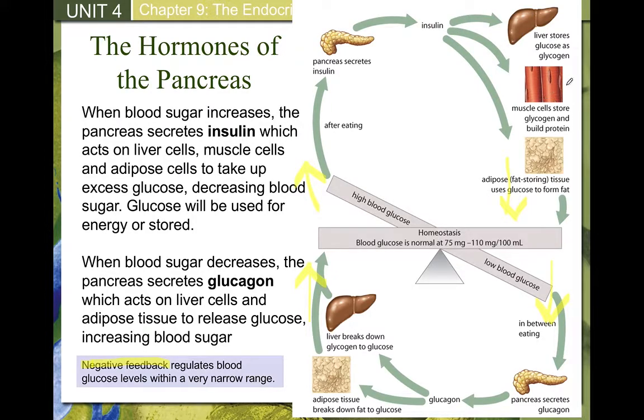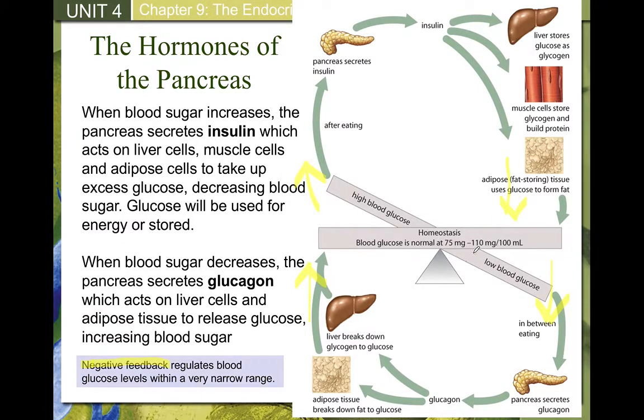Muscle cells take that glucose in, also store it as glycogen, and also build a little bit of protein. Adipose tissue takes in glucose and uses it to break it down and form fats, to make our long-term energy storage molecules. That effectively drops the levels of glucose floating in the bloodstream and brings us back down into homeostasis.